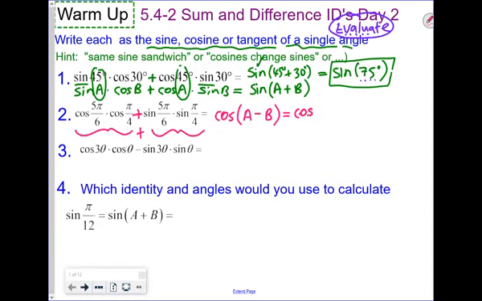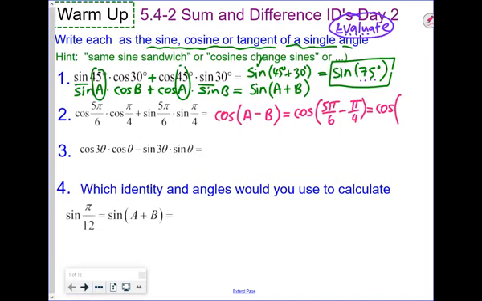So what we've got here is the cosine of 5 pi over 6 minus pi over 4. That's the identity we were given there. So we've been able to write it as the cosine, but at the moment it's of 2 angles. So let's add those angles together.